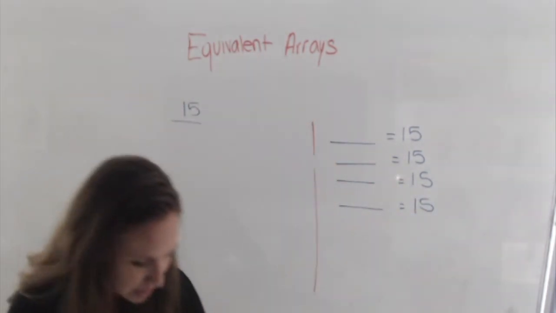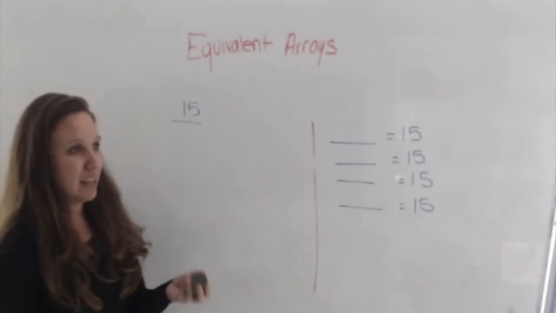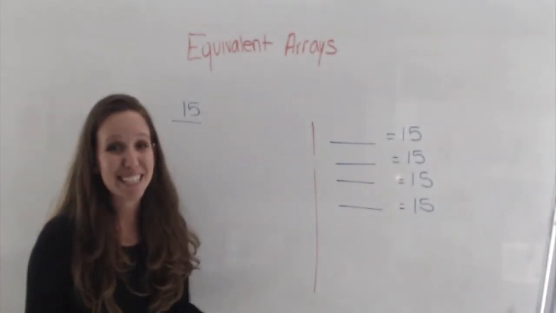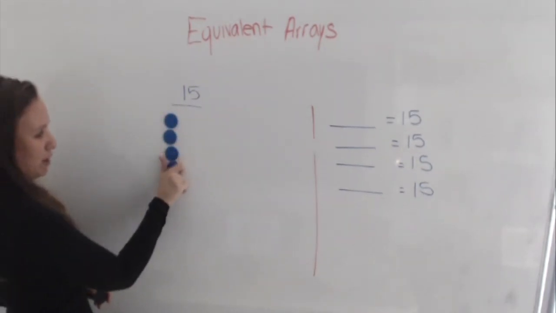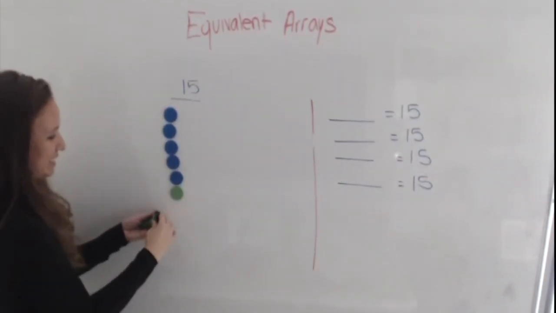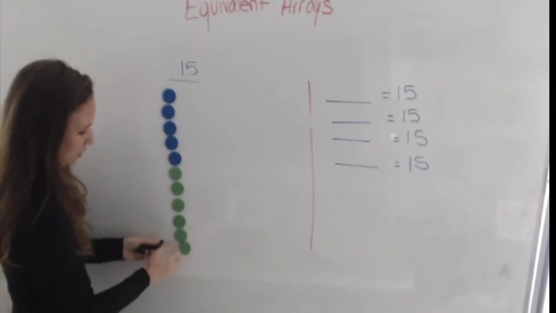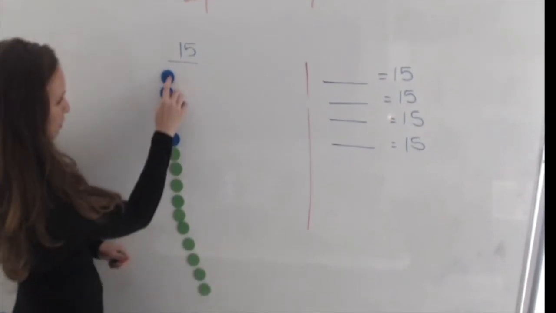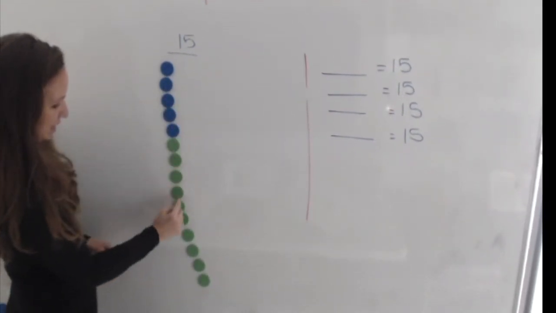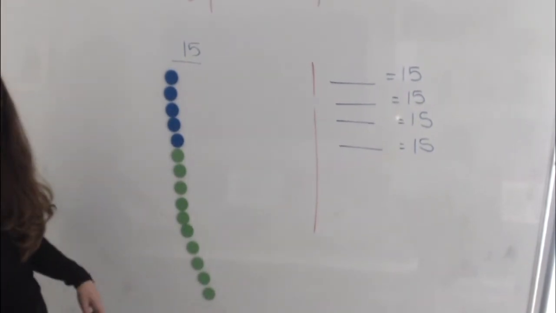So I'm going to grab 15 dots. Again, what's the easiest one to do? Just go down in a row. 1, 2, 3, 4, 5, 6, 7, 8, 9, 10, 11, 12, 13, 14, 15 dots.